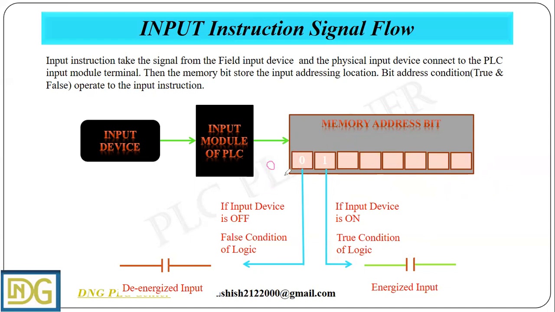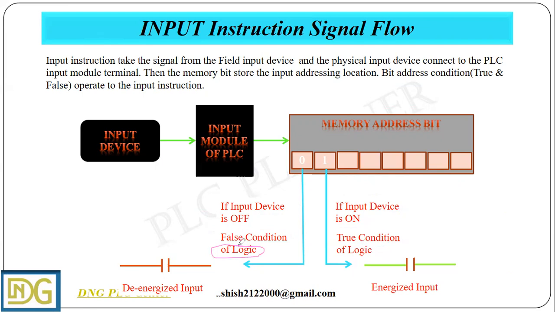The 0 represents no current flow through this path, and the 1 represents that we have signal to the other instructions. If the instruction device is on, the logic is in a true condition when we are pressing our input devices. And when we don't turn on our input device, it will show the condition of false.